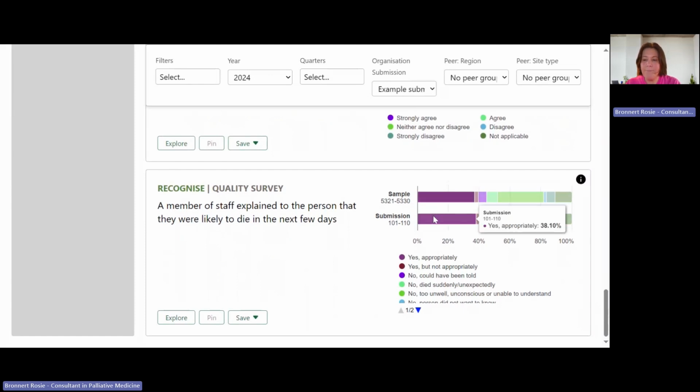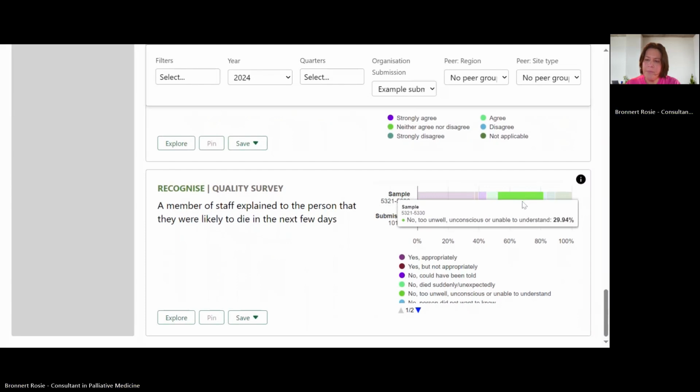But it suggests that around 36% nationally and 38% in this example submission did think that there was an appropriate discussion about recognition of dying with the person who was going to die.